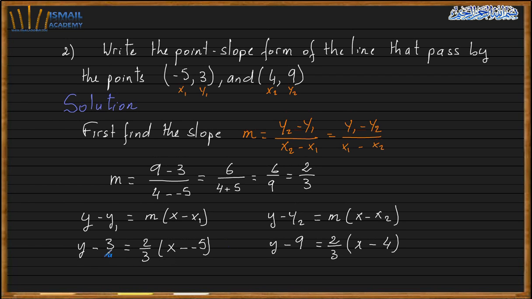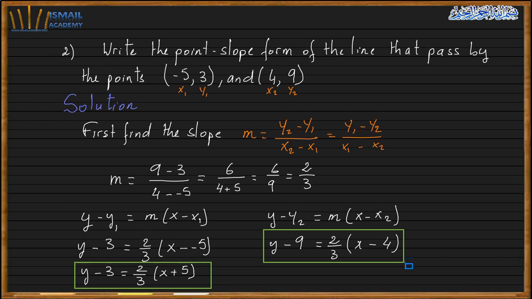So here I simplified my statement, so it's going to be y minus 3 equal to the answer. You can pick any one, either that one or that one, both are correct.